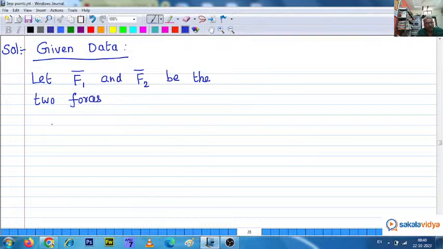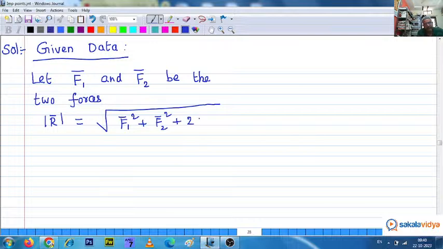So now we know that r bar is equal to root of F1 square plus F2 square plus 2 F1 F2 cos theta, angle between them.